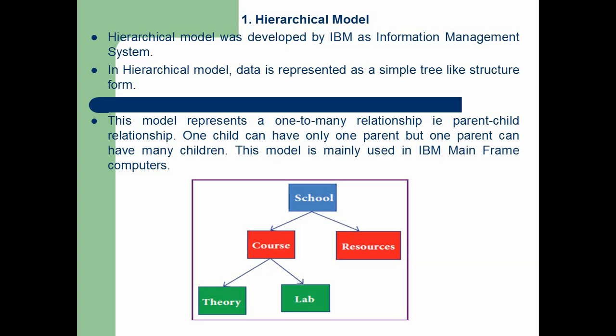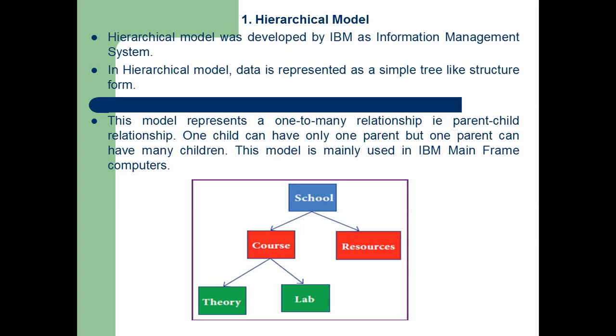Here you can see the different tables of a single database called school. Consider school a database where we store different data, and the data can be stored in different tables or instances. School provides courses, school provides resources. Courses can be divided into theory and lab.